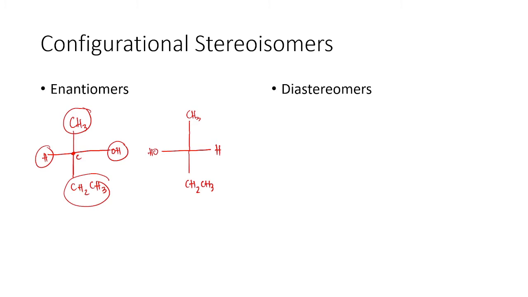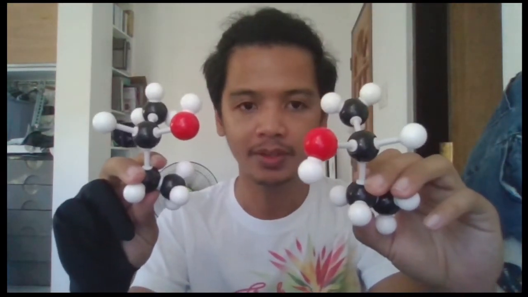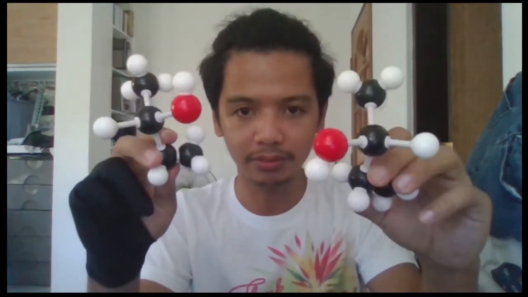So what is the difference between them? Let's show it more personally. Alright, class. For those enantiomers, I created this once. I have here two of those molecules, which are mirror images of each other. I just did not rotate them.